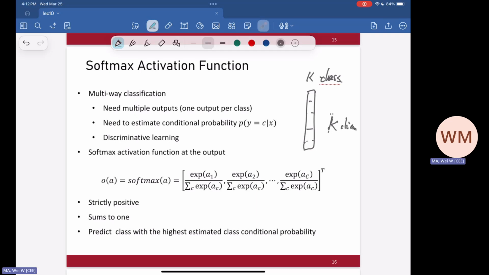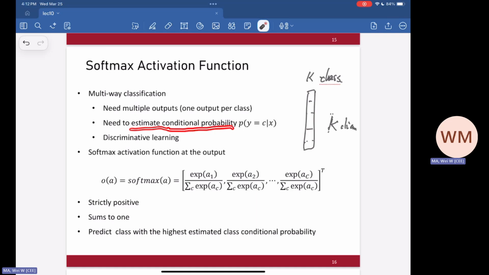Each location represents the probability of being this class. So basically we are estimating the conditional probability of the image being this class. For example, our input is an image, and after the neural network, we finally output a k-dimensional vector.